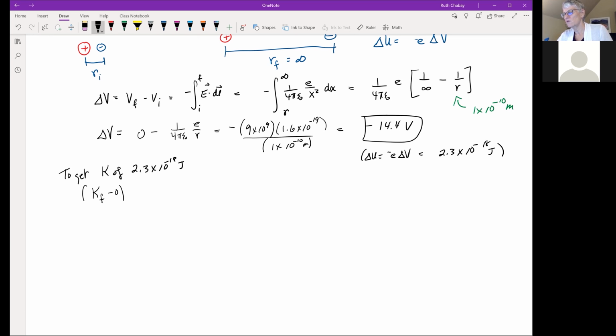So we have delta K plus minus E times delta V is 0.